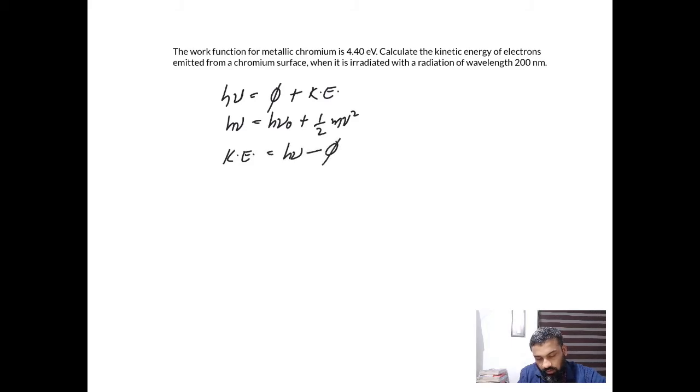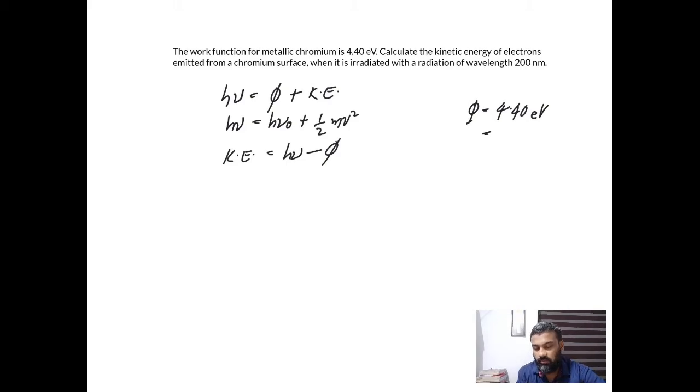So we can rearrange the equation as h nu minus phi. Phi means the work function, and it is given in this question that the work function is 4.40 electron volt. We need to convert into joules.